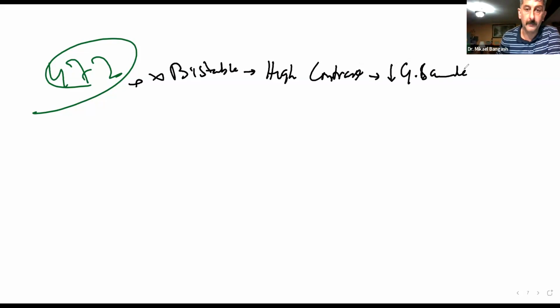And that brings us to our last option, which says wide dynamic range, which means great grayscale. Right?